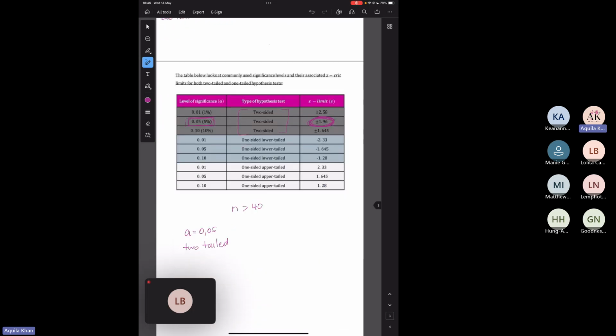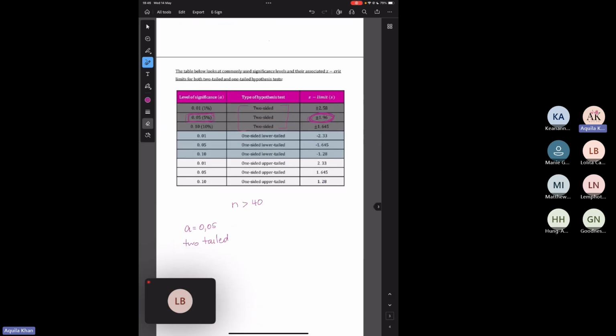And then we're simply going to go to this table. Remember, this table is always going to be used for a proportion. You are never going to use the other one. So here, your level of significance is 0.10, and you have a lower tailed test.